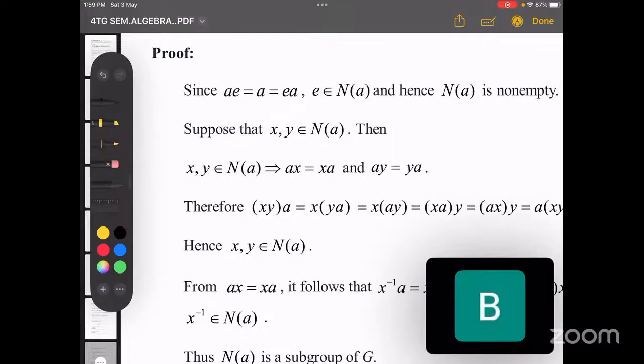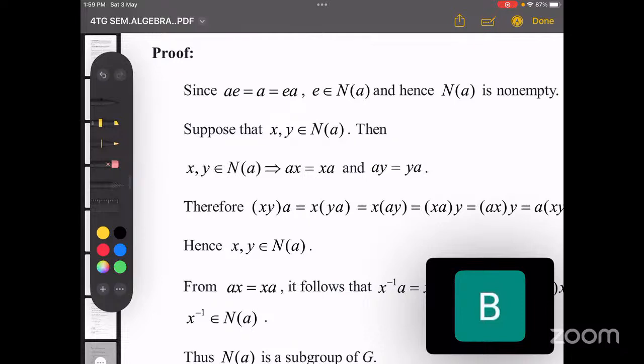Suppose that X, Y belongs to N of A. Then X, Y belongs to N of A implies AX equals XA, that is the commutative property, and AY equals YA. These two are with the help of the commutative property.